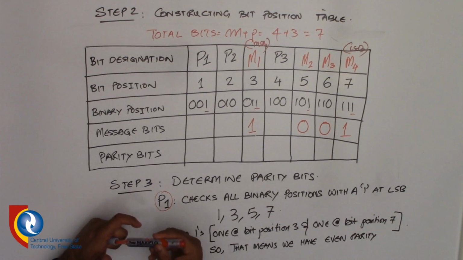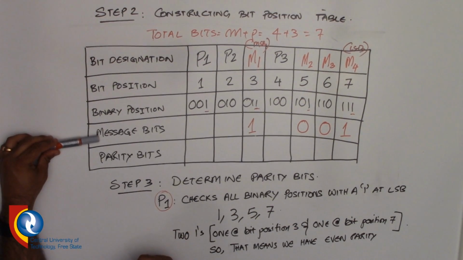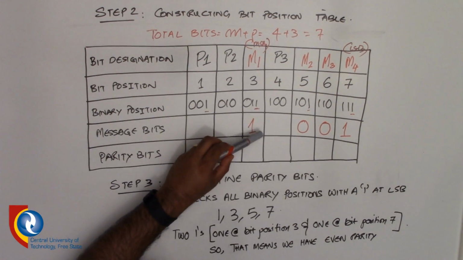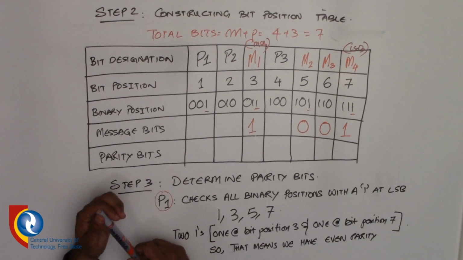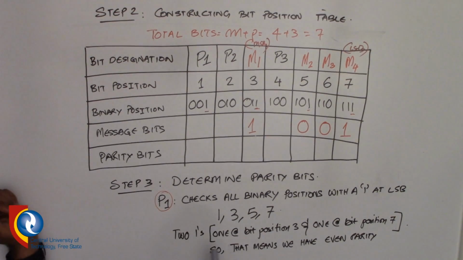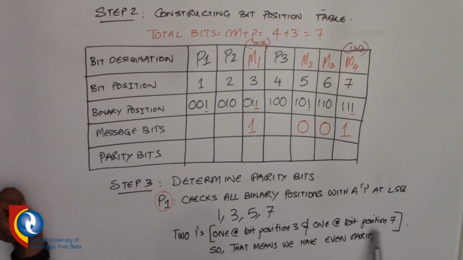Now if we look at the message bits, we will see that in bit positions 1, 3, 5, and 7 there are 2 1s. There is the 1 at bit position 3 and there is a 1 at bit position 7.